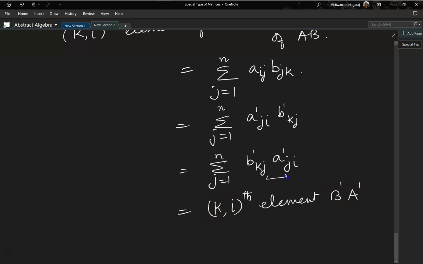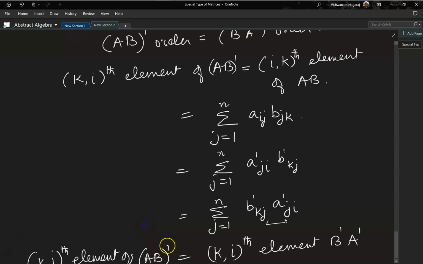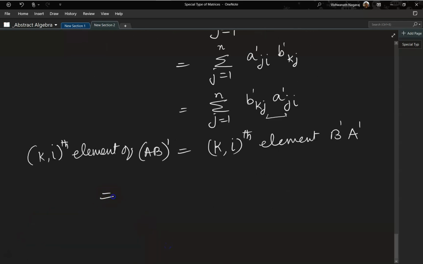You have to make sure that these two are equal, and remember the left hand side is the k, ith element of (AB)'. So therefore all this implies that (AB)' is equal to B'A'. Since we have shown that arbitrary corresponding elements are equal to each other, it means that the matrices themselves are equal.